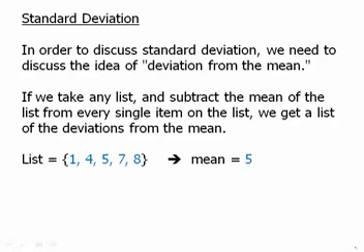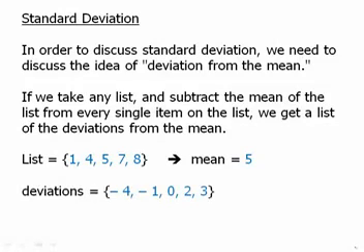The mean is 5. Subtract 5 from every number on the list, and we get this new list. These are the deviations. So 1 has a deviation of -4 because it is 4 units below 5. 7 has a deviation of 2 because it is 2 above 5. Those are the deviations from the mean.